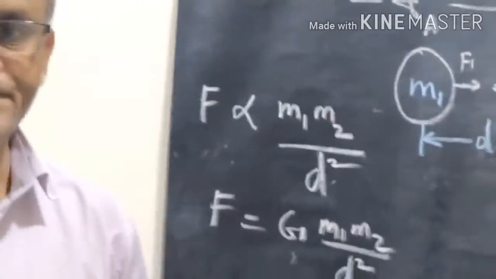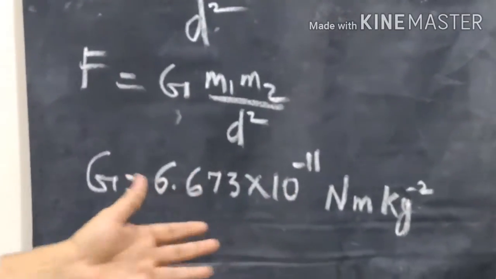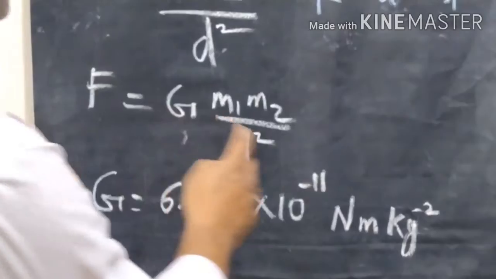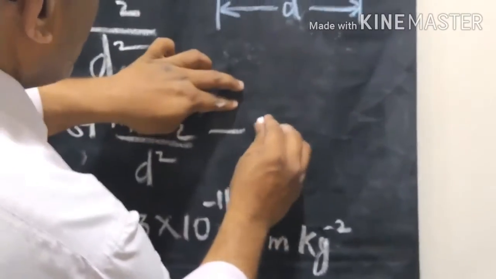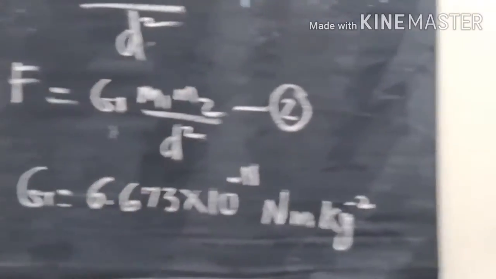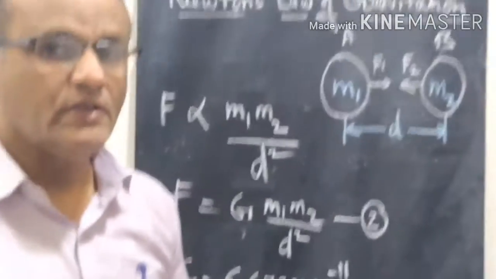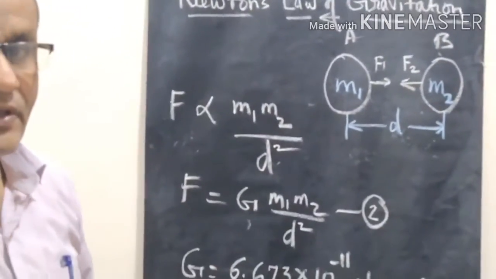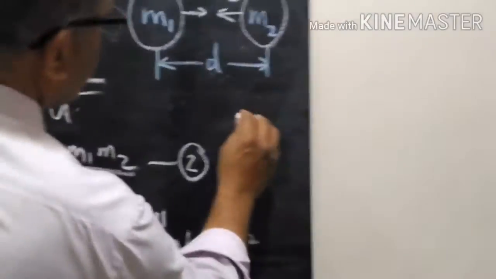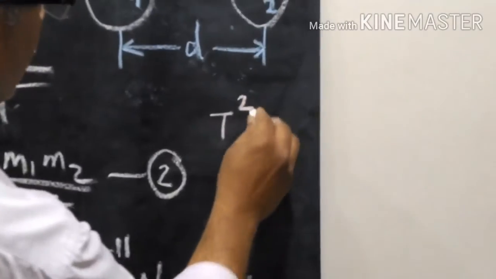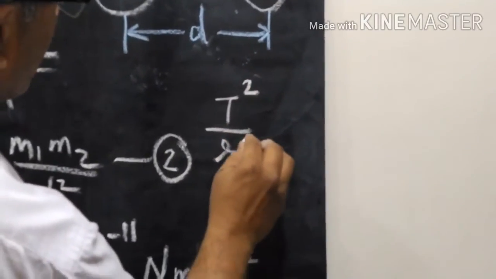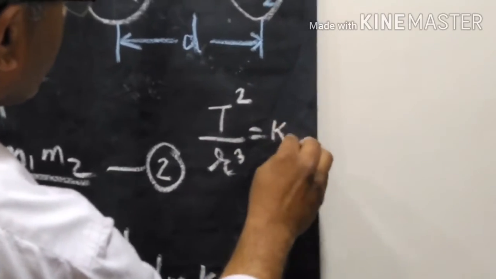Now I will consider this equation as equation number 2. Yesterday we saw Kepler's law, and we got the equation T square upon R cube is equal to K, where T is the period of revolution and R is the distance.